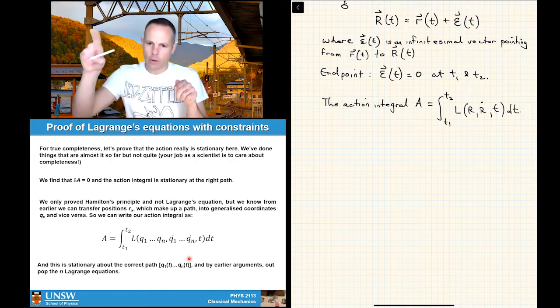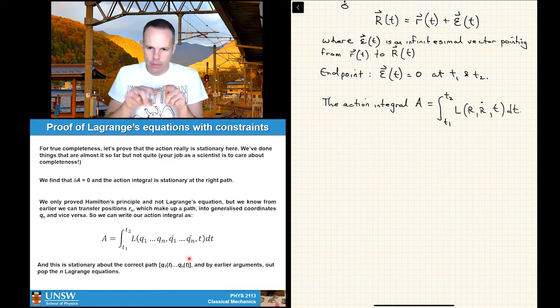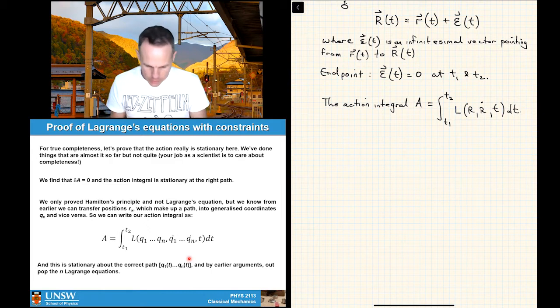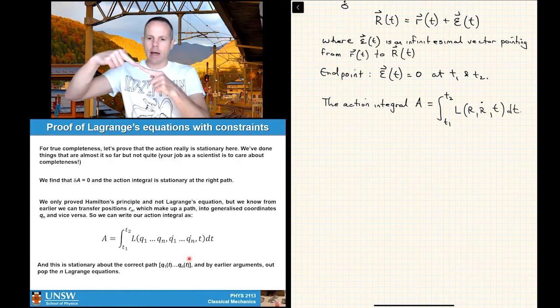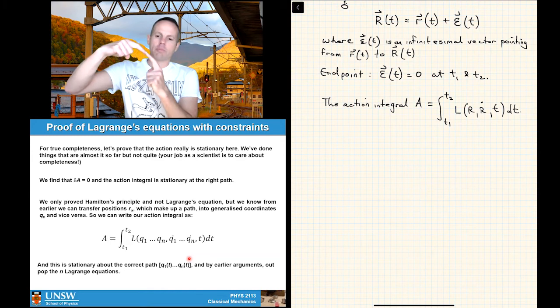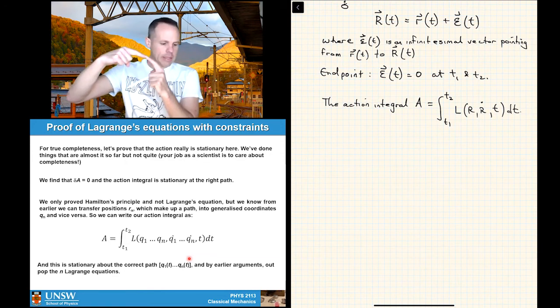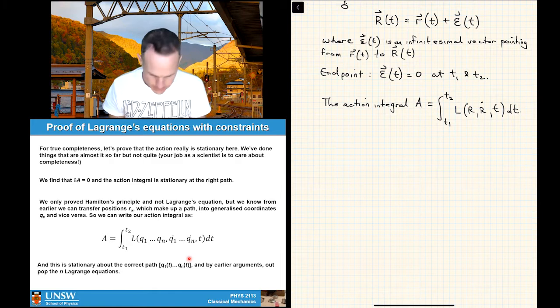If we're working on our right path, it would be L of little r dot, and t. Okay? So it depends on what path we're on. But for the moment, what we're doing is we're trying to find the right path, which is little r, and we're assuming we don't know what it is, by working on wrong paths, big R, to get to it, okay? And what we need to show here at least, is that we have to find a stationary point to get that correct path, okay?